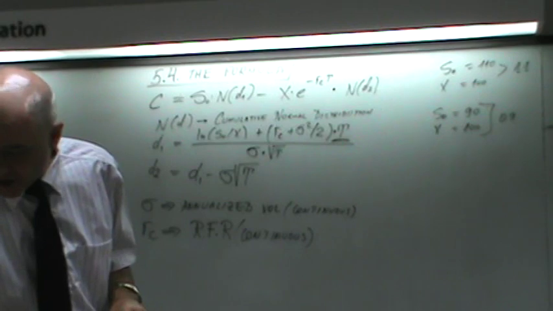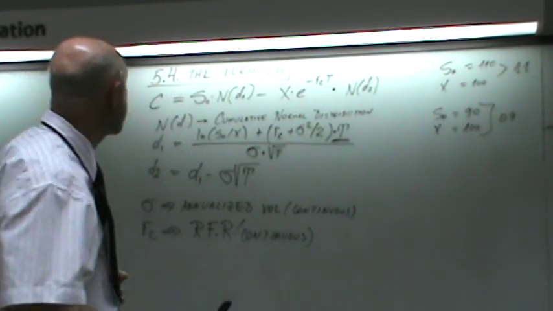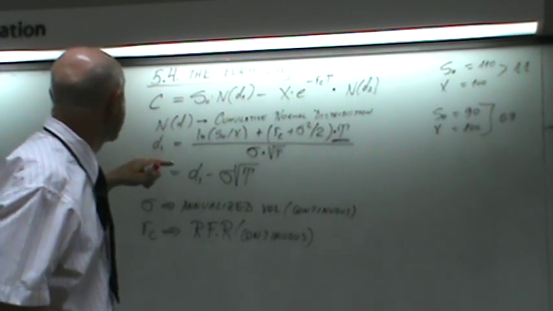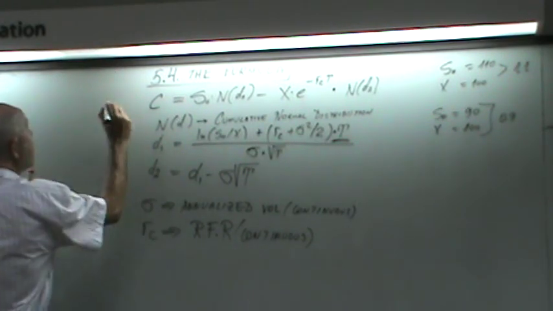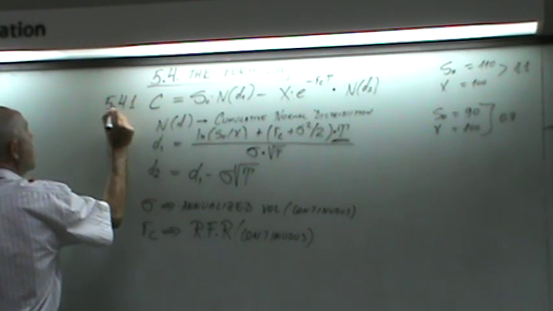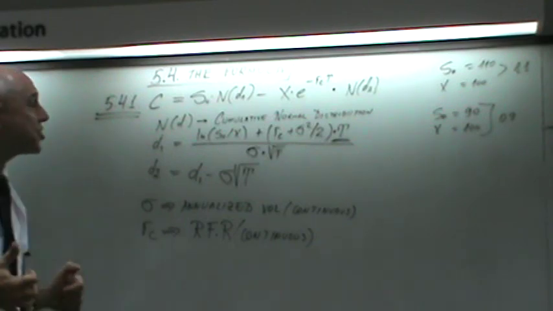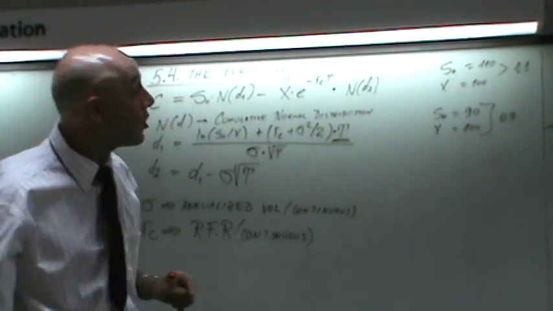Now they got this whole thing here about standard normal probabilities. That's section number 4. So this is essentially 5.4.1. It's just what the formula is. Now the explanation is on normal distribution.